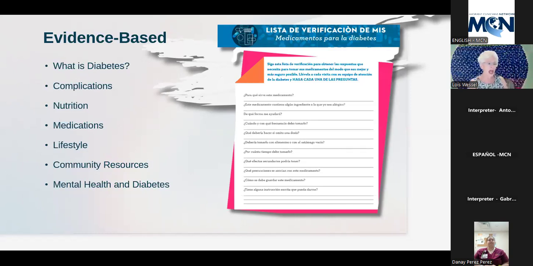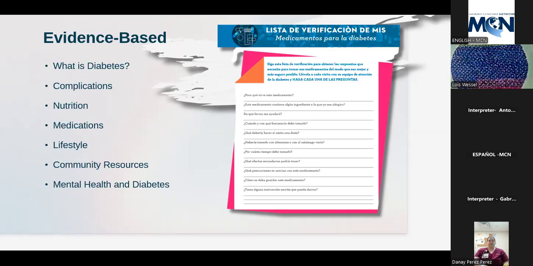And then as we teach about all of these areas that I talked about each class, and those are listed on the left, we provide patient education materials in the target language as part of our training for CHWs to use in their practice setting.